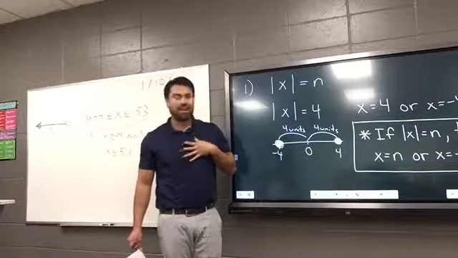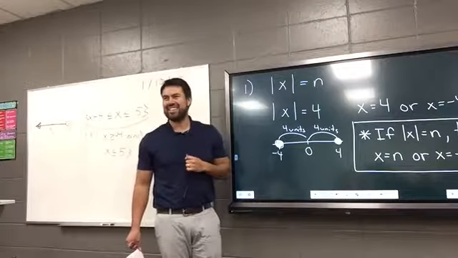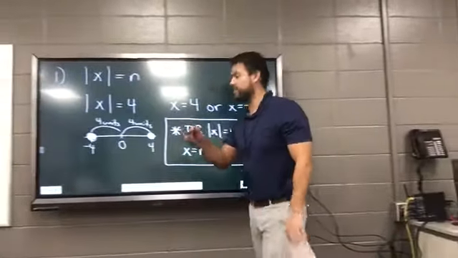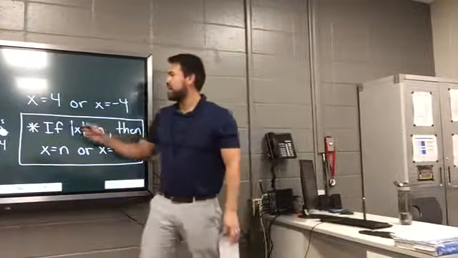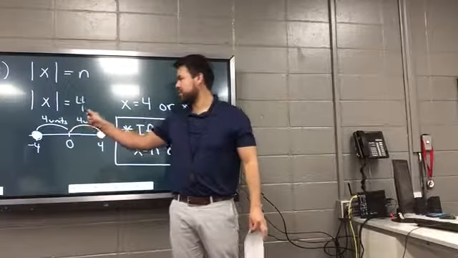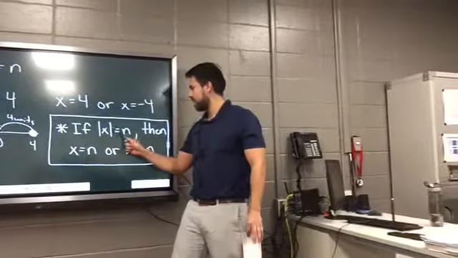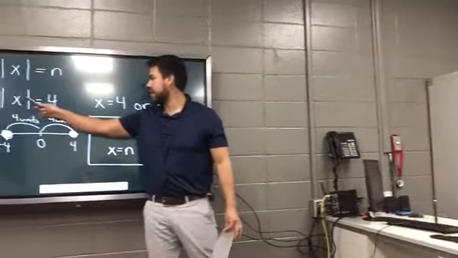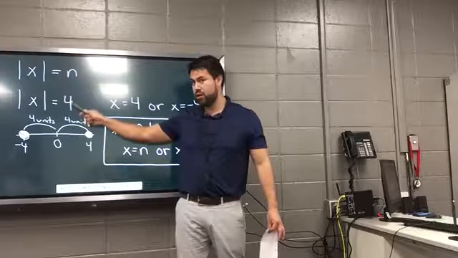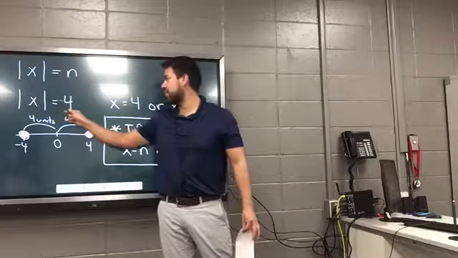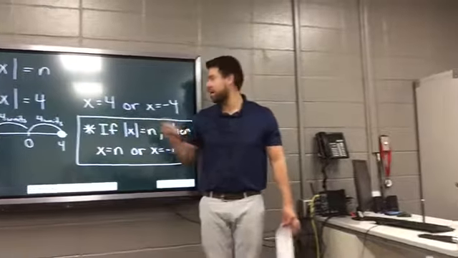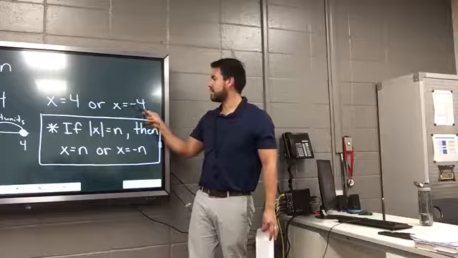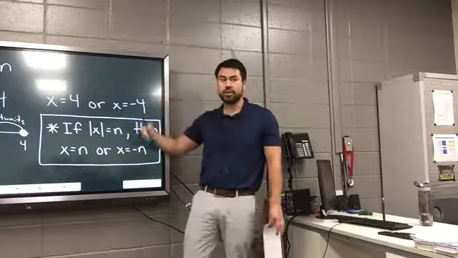Therefore, the absolute value of -4 is equal to 4. Okay, so you're giving me what those answers mean. So this is what I'm trying to get from you guys. If the absolute value of x is equal to 4, okay, that's right here, then how do I find what x could equal? Well, x is going to equal 4, or x is going to equal -4, right? X is going to equal 4, and then that keyword or, x is going to equal -4. Okay, that's actually all you're doing in this problem.